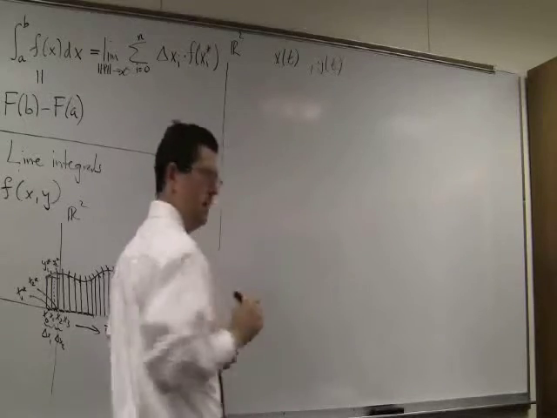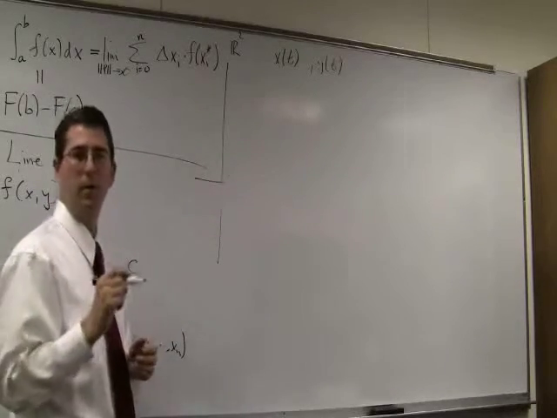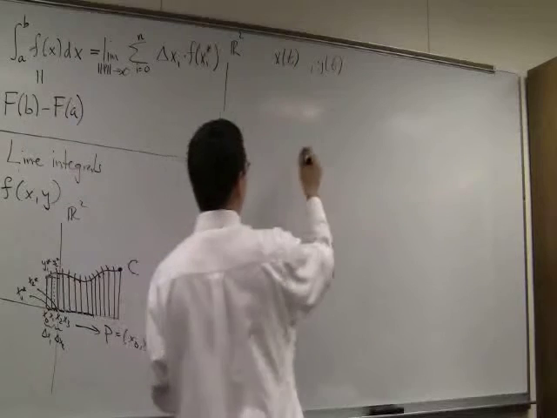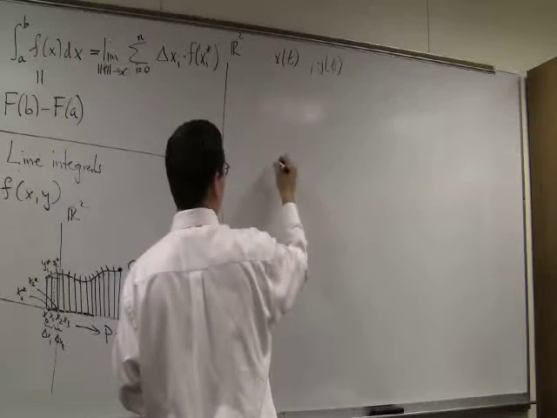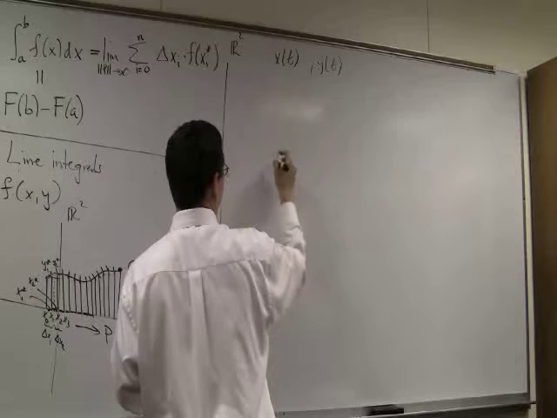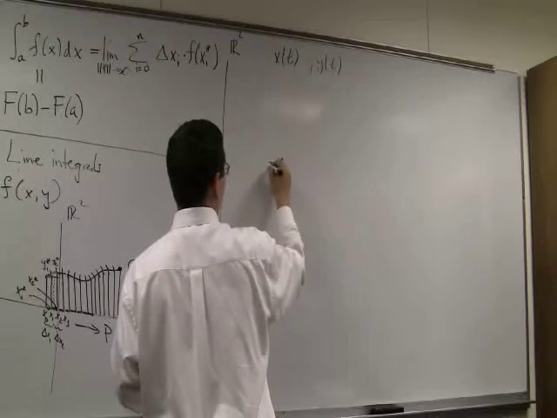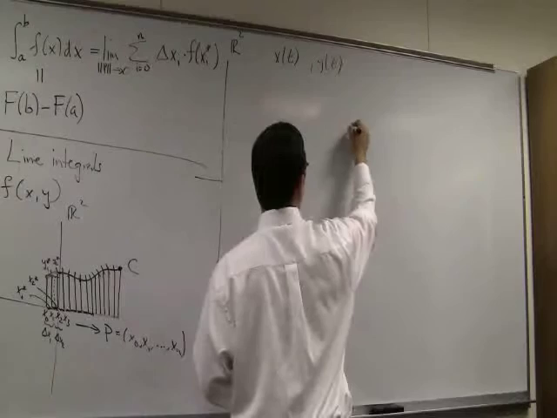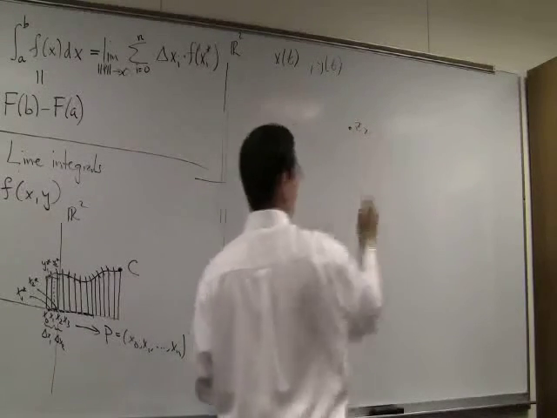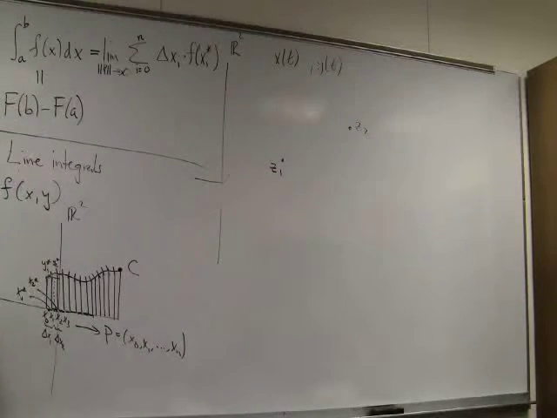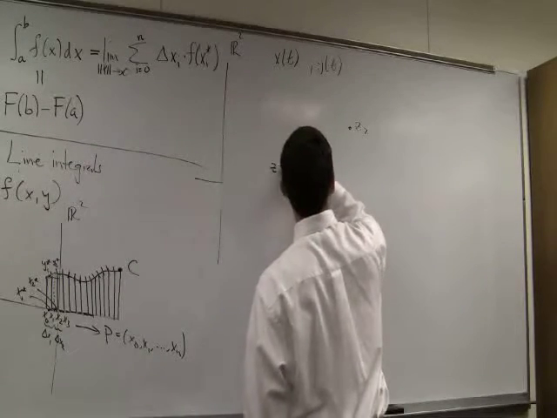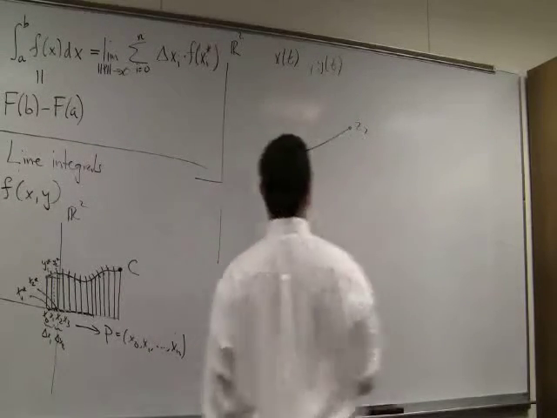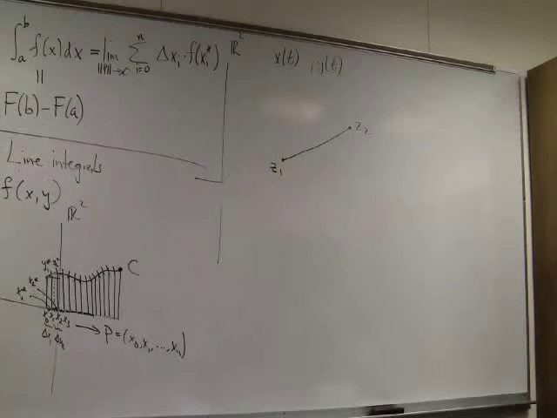I think maybe it was on Thursday when we didn't record, we started looking at the following situation. Let's say you have a point, say Z1, and another point Z2. And I connect these with a line segment. Okay, that's roughly a line segment.